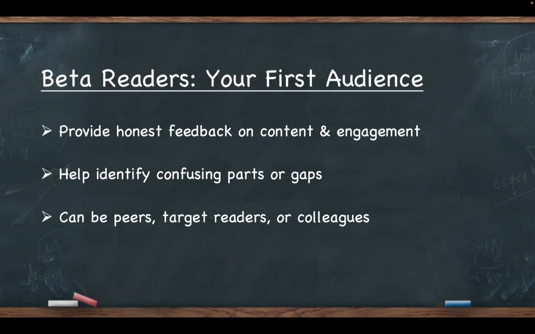Your beta readers can be your peers, your colleagues, your target readers, book influencers. It could be anybody really. But let's say you're writing a book for females. Females are probably your target readers, so you probably want to get beta readers who are females, and find out how they think on the book, how they think the book would affect them, if they think other people should also get their hands on the book.